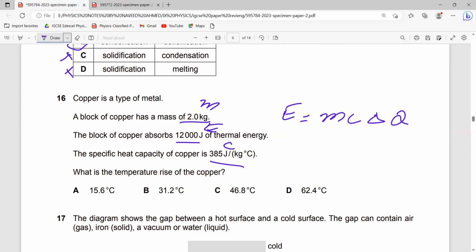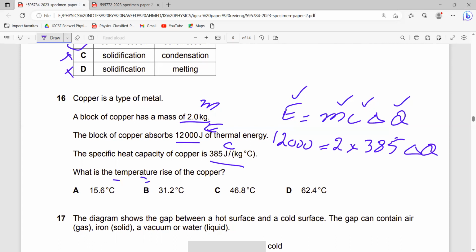You have to find the change in temperature. m is mass, c is specific heat capacity, delta theta is the change in temperature, and E is the thermal energy. Putting the values, 12,000 equals 2 times 385 times change in temperature. So when you solve it, you will get about 15.67. So the right option is this.